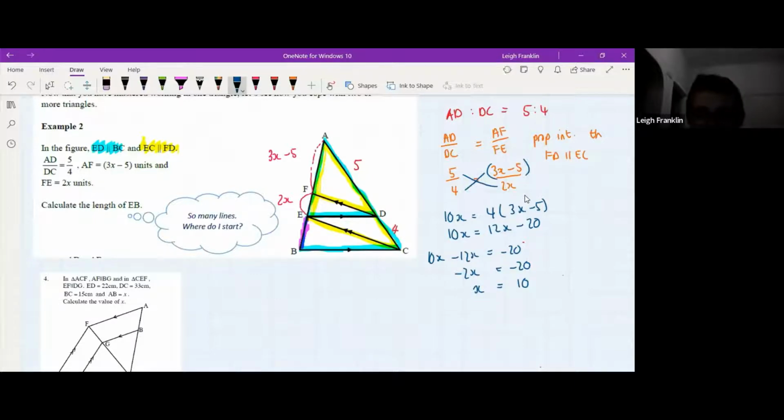So if x is 10, that means that AF is going to be 3 times 10 minus 5, which gives us 25. And FE is going to be 2 times 10, which gives us 20. So that means that AE is 45 units.